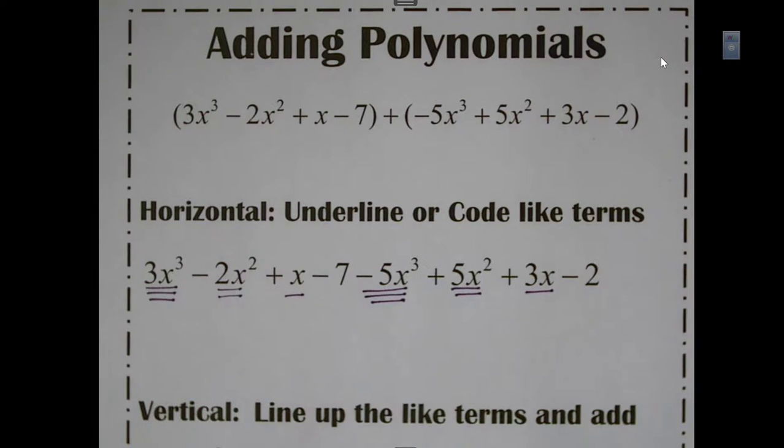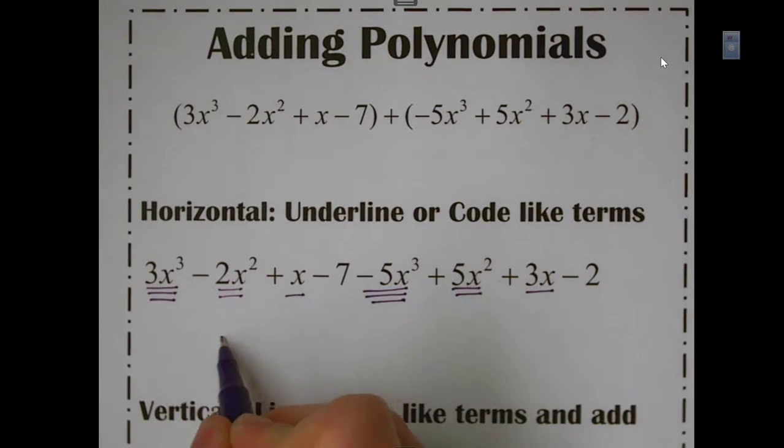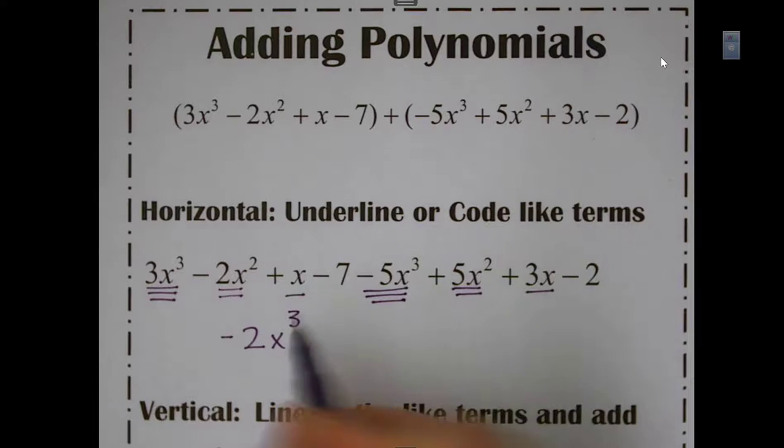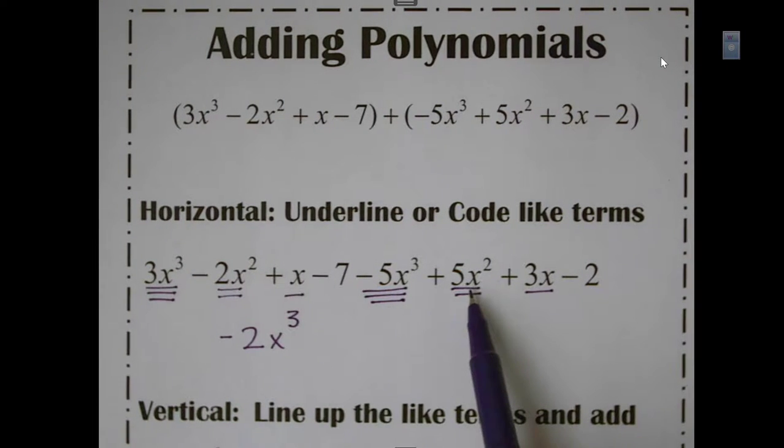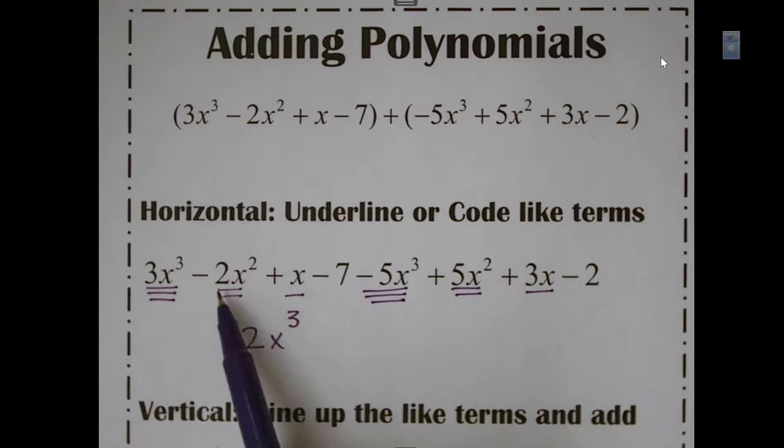Now I can get my like terms together. And we just have to use integer rules. So we look at the coefficient, 3x cubed minus 5x cubed. Well, 3 minus 5 is -2. -2x squared plus the 5x squared. Okay, so I have more positive. They're opposite signs.